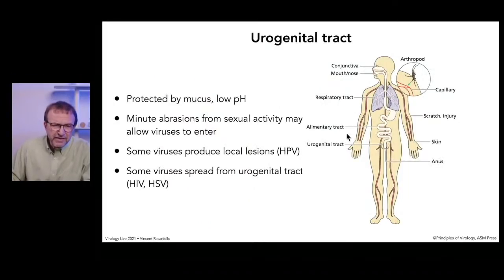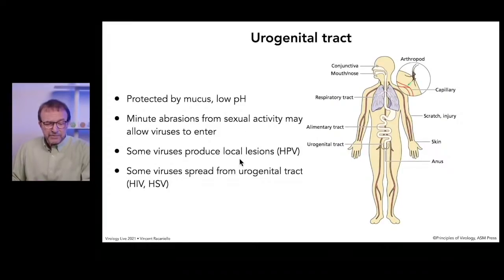Your genital tract is another mucosal area lined with mucosal epithelial cells in a similar structure to what we've talked about. The urogenital tract is also protected by mucus. It also is protected by low pH. It can be sites of virus entry. Minute abrasions from sexual activity can allow viruses to enter.